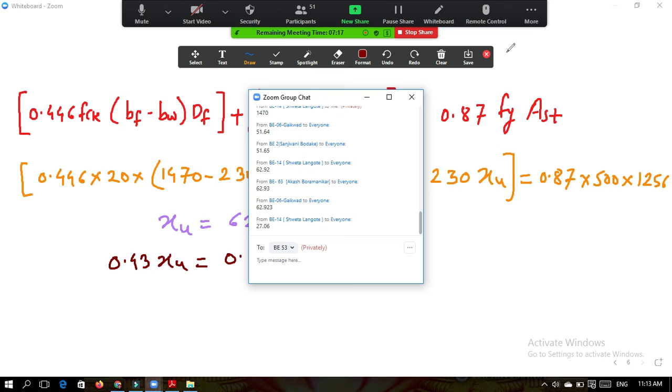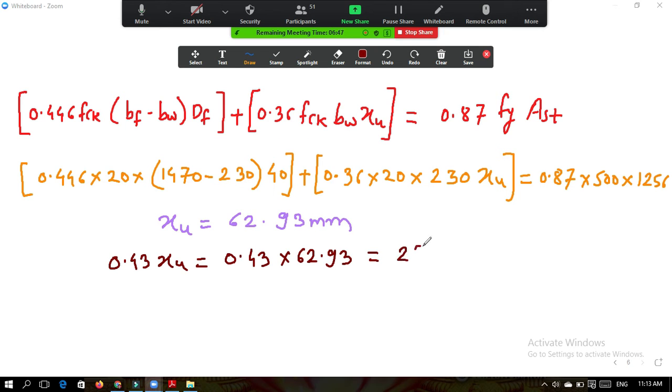At least 2 to 3 answers should be there for a single calculation, so it will not go wrong. So roll number 14 is saying 27.06. Is it the right answer? Okay, so 27.06 is the correct answer.